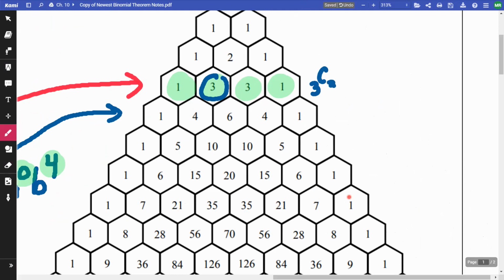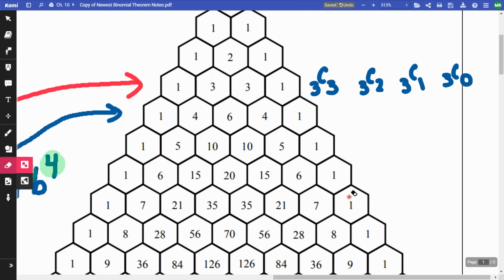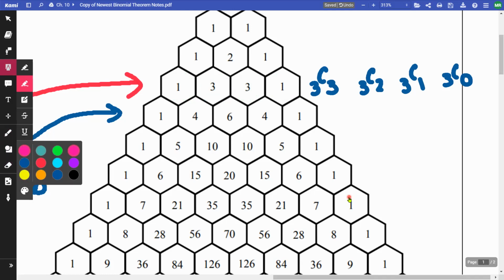Now, I like to start with my 3 choose 3, then 3 choose 2, then 3 choose 1, then 3 choose 0. Now, if I do 3 choose 3 in my calculator, 3 choose 3 is 1.